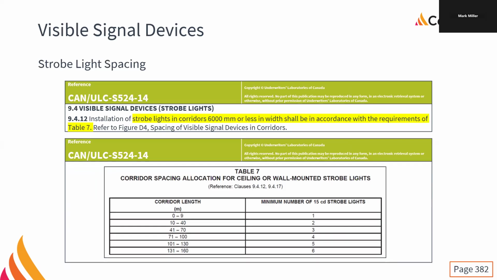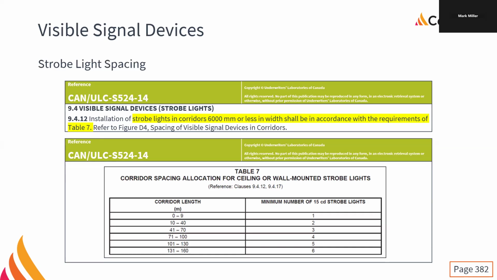Then in hallways, we have to be more careful as well because hallways tend to be on the narrow side, right? And we refer to hallways anytime at 6 meters or less in width. Anything wider than that is really a room, not a hallway. And so the number of strobes that we put in, of course, is a factor of the length of the hallway.